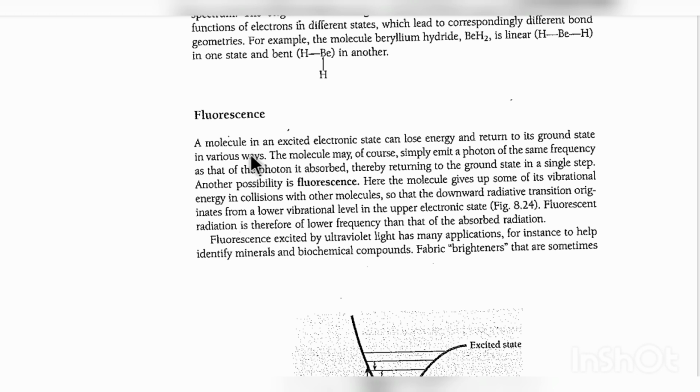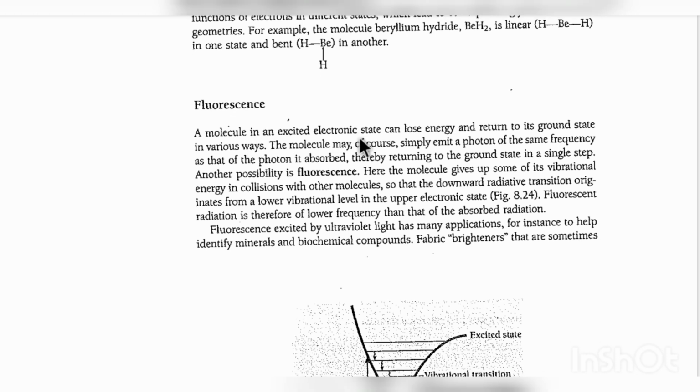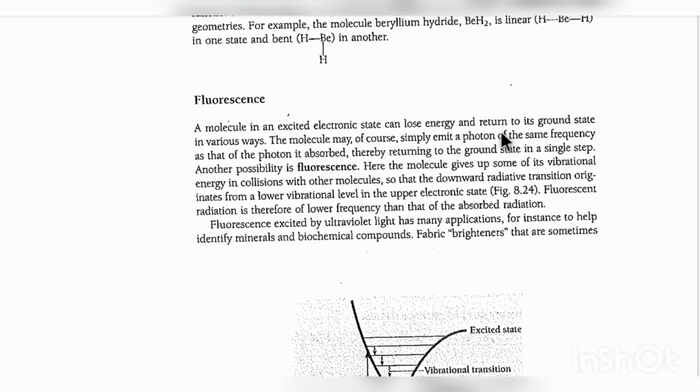Fluorescence. A molecule in an excited electronic state can lose energy and return to its ground state in various ways. The molecule may of course simply emit a photon of the same frequency as that of the photon it absorbed, thereby returning to the ground state in a single step. Another possibility is fluorescence.